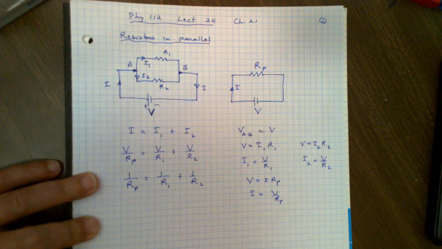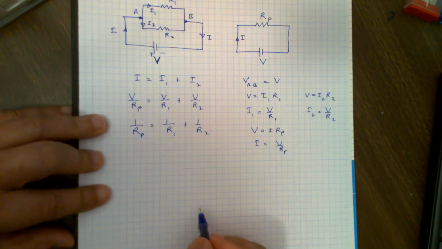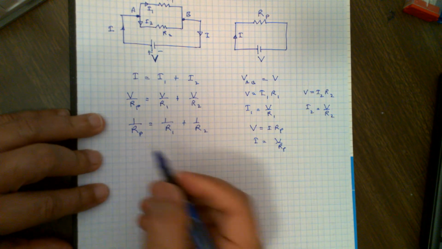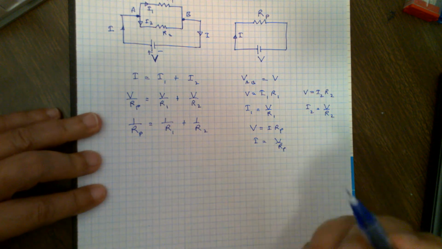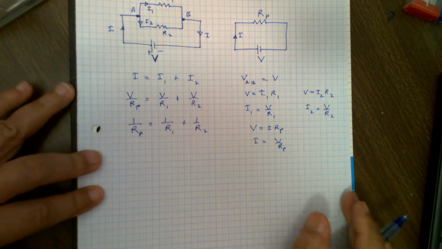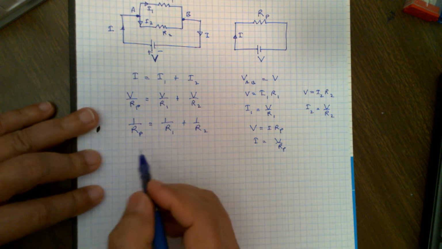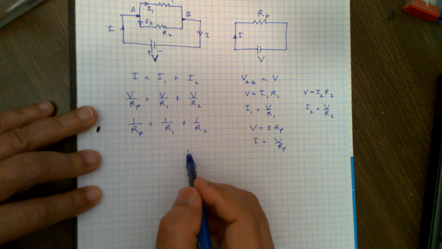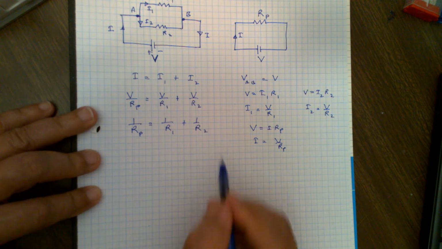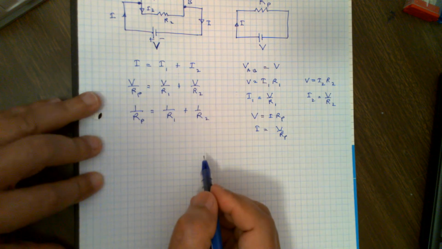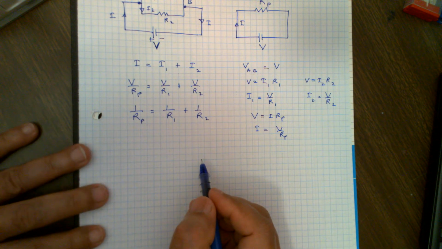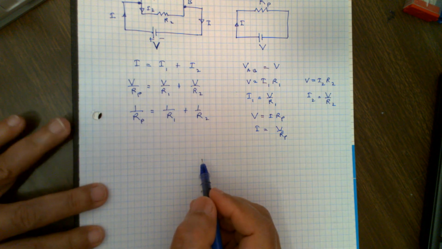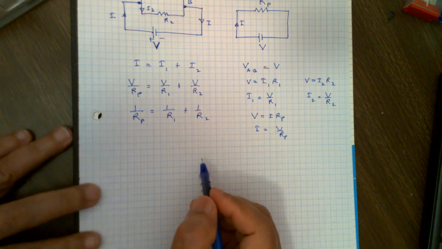If you have more than 2 resistors, then I'll just write 1 by R1 plus 1 by R2 plus and so on until all the resistors are gone, right? If you have 5, then I'll have to write 1 by R1 plus 1 by R2 plus so on until you get to 1 by R5, right? So that's the formula for equivalent resistance for resistors in parallel.